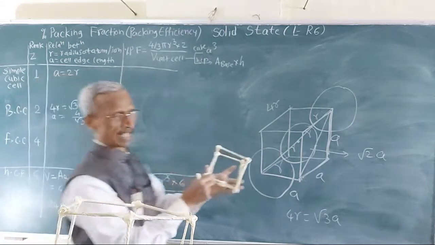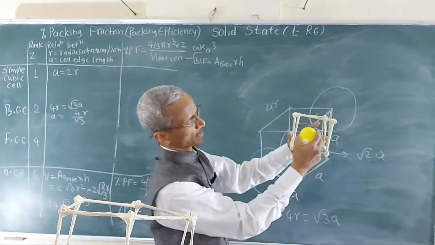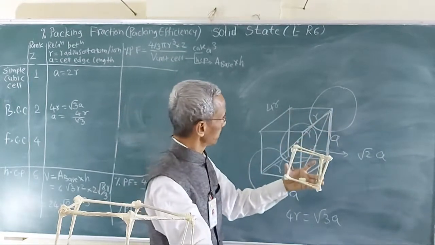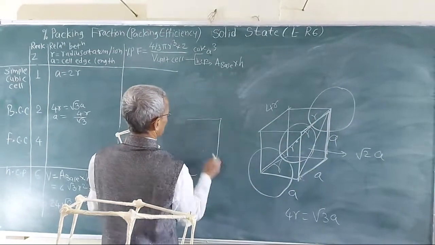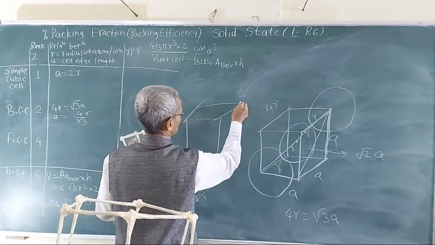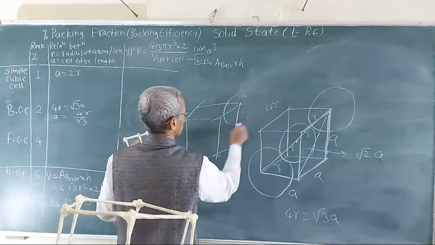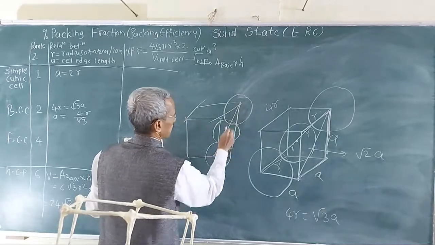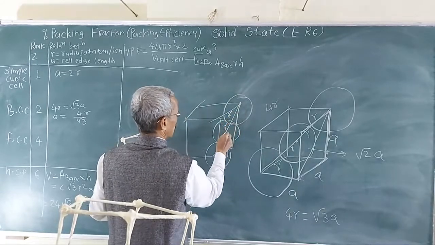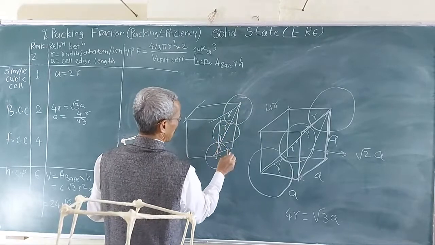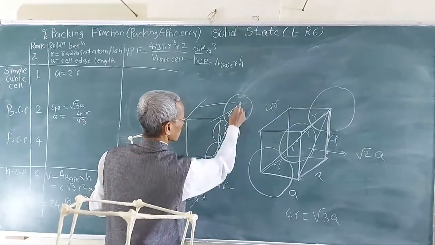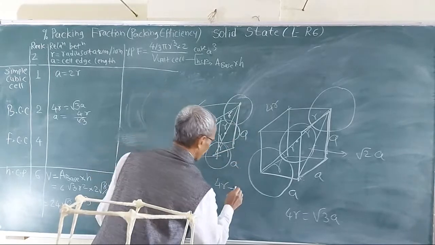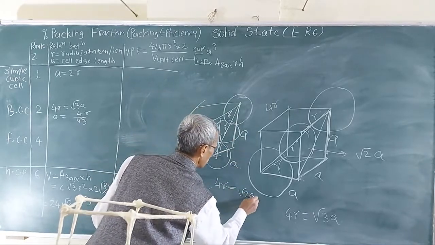Now if you consider FCC, suppose this is the face, there is an atom here and here, and if you consider this cube, so here this is one and this is the third, and if you consider this triangle, this is r, and this r, so 4r is equal to square root 2 a.